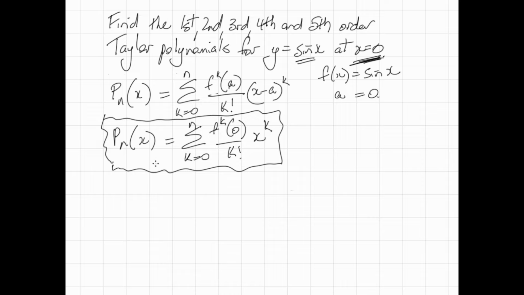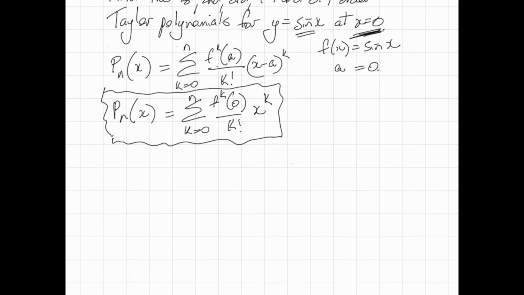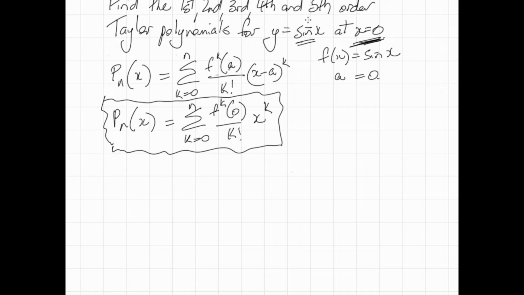So it will help us to write down what f of x is and f dash of x, and then substitute these values in. We want to get all the way up to the 5th order, so we need substitutions for f of x and f of 0. f of x is nothing more than sine x, so f of 0 is sine of 0, and from your unit circle you know that's equal to 0.